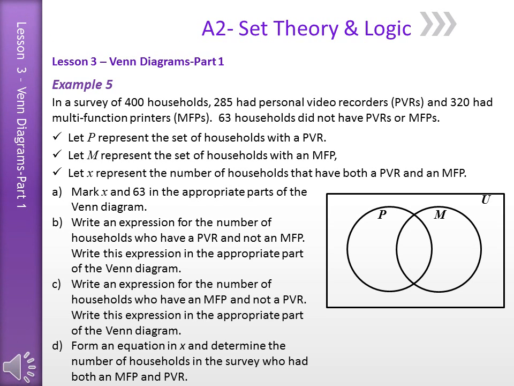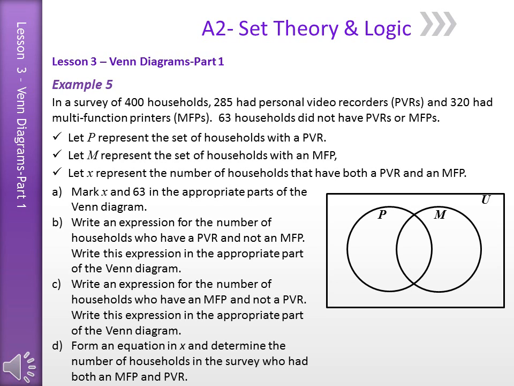Example 5. In a survey of 400 households, 285 had a personal video recorder, or a PVR, and 320 had multifunction printers. We'll call them MFPs. 63 households did not have either a PVR or an MFP.